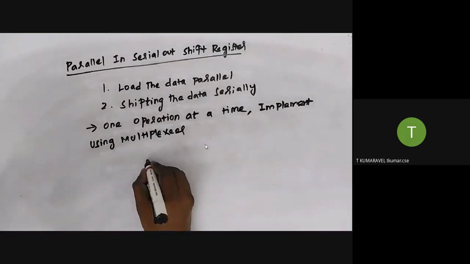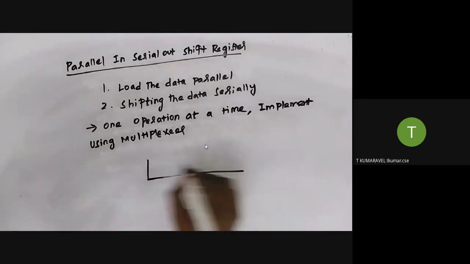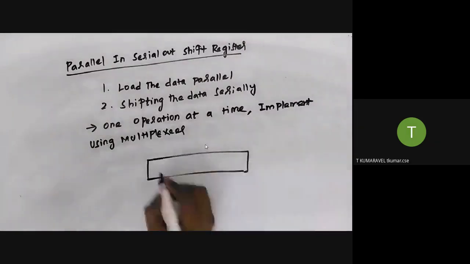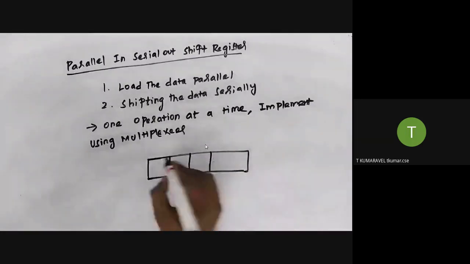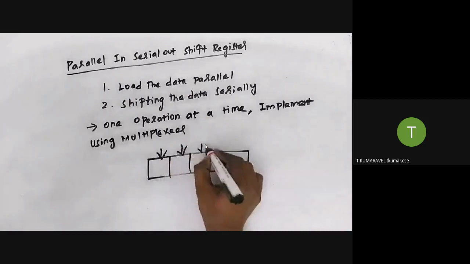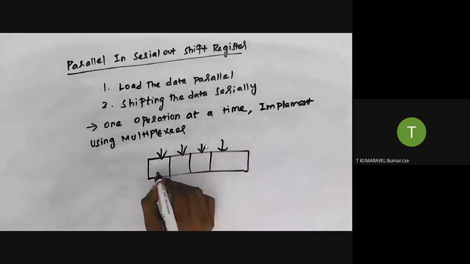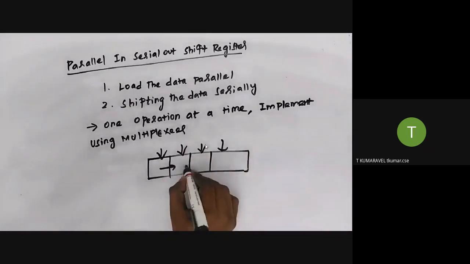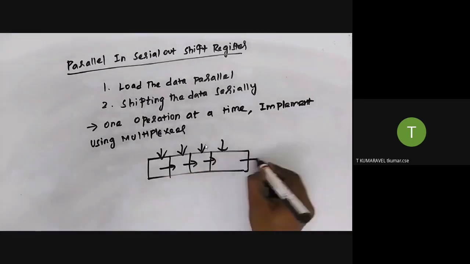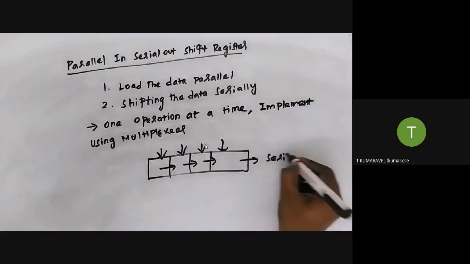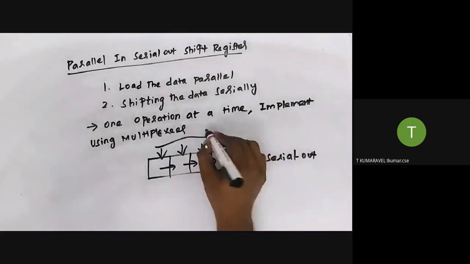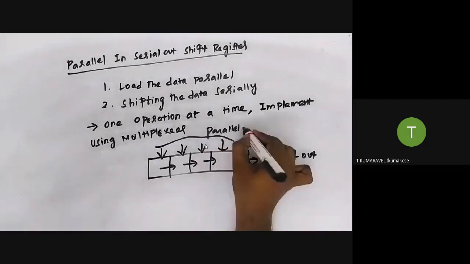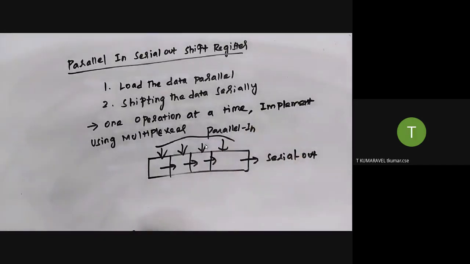To move on to that concept, I will provide the specification of parallel in and serial out. What is the meaning? Parallel in accepts the data from the user, and then it performs the shifting operation. Shifting serially is called serial out. So, as I already said, at a time it is going to perform only one operation.